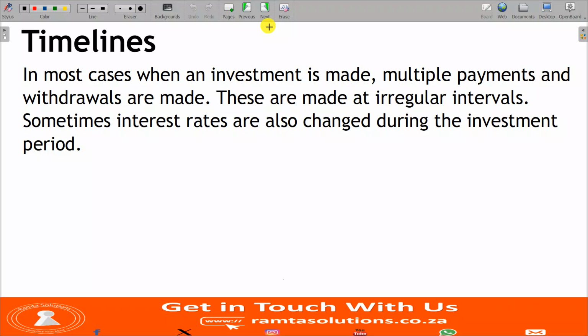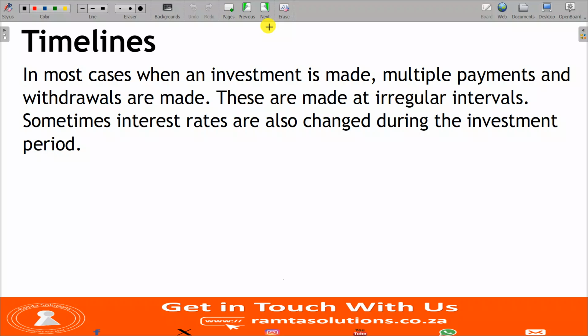With timelines, we are trying to accommodate how we calculate the accumulated amount at the end of the investment period when more than one payment is made or when withdrawals are made, and even when the interest rate has changed along the way. So timelines will be assisting us in doing these.